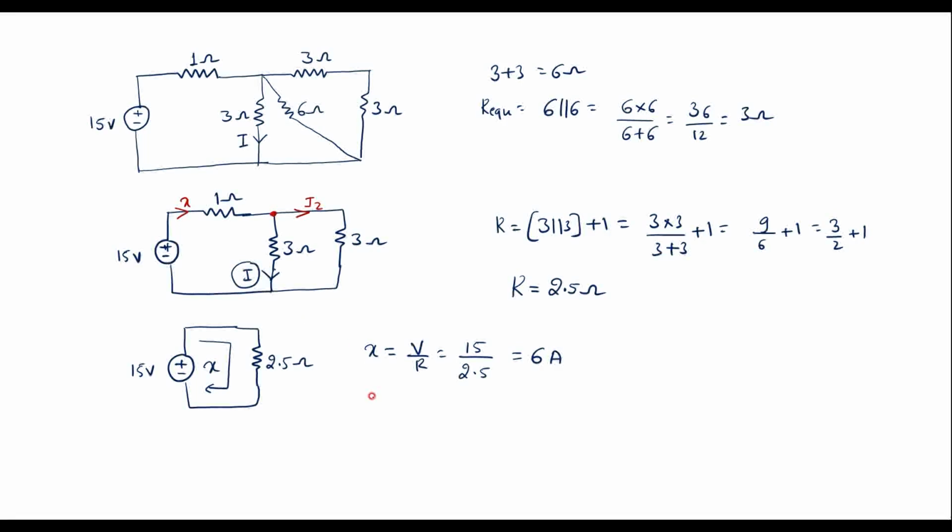So current I is equal to total current X into the resistance value in the other branch, that is 3, divided by the total resistance, that is 3 plus 3. X value is 6. So 6 into 3 divided by 3 plus 3, which is 6, is equal to 3 amp. So therefore current through the 3 ohm resistor is 3 amp. Therefore current I is equal to 3 amps.